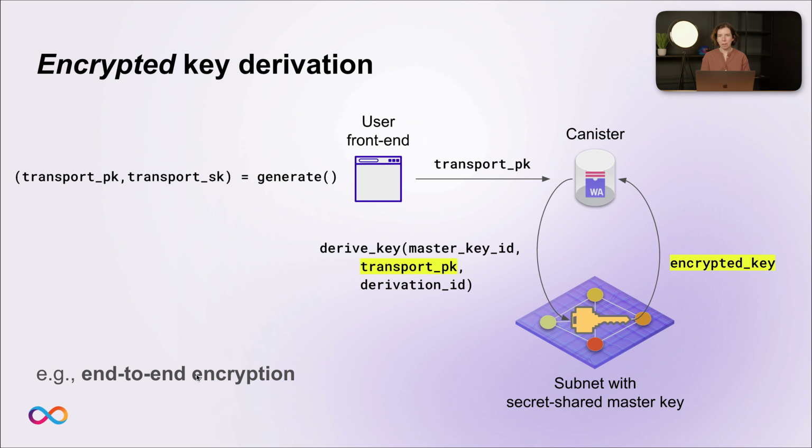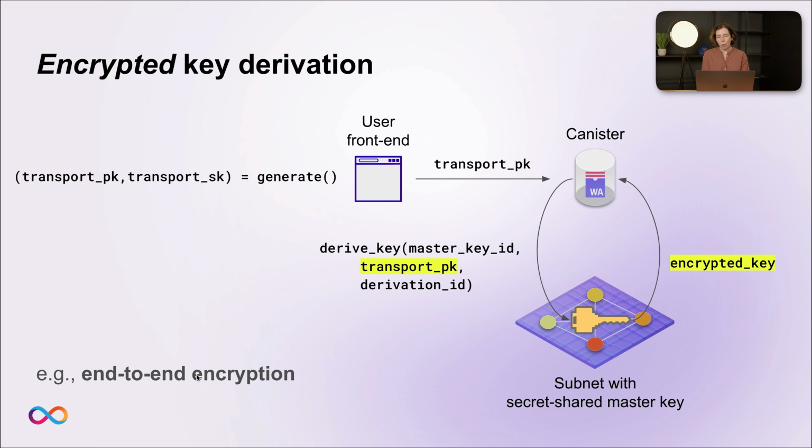We want to do encrypted key derivation. And for this, you can think about it as a very simple transport problem. How can we get key material from nodes to me without anybody actually seeing it? The main idea here is that we want the key to be derived by the nodes in an encrypted way so that if the key is ever reconstructed, it's encrypted and will never be seen.